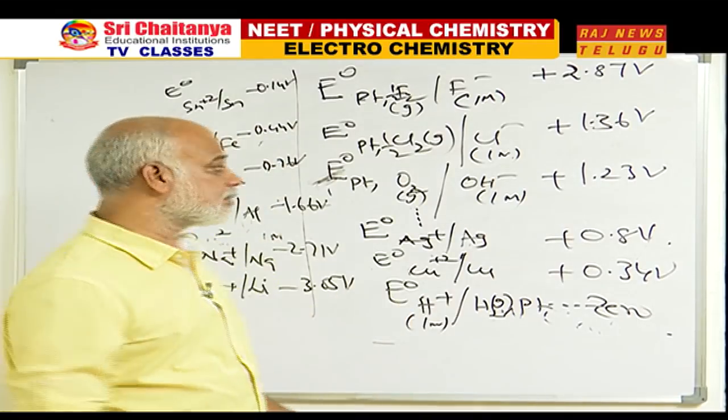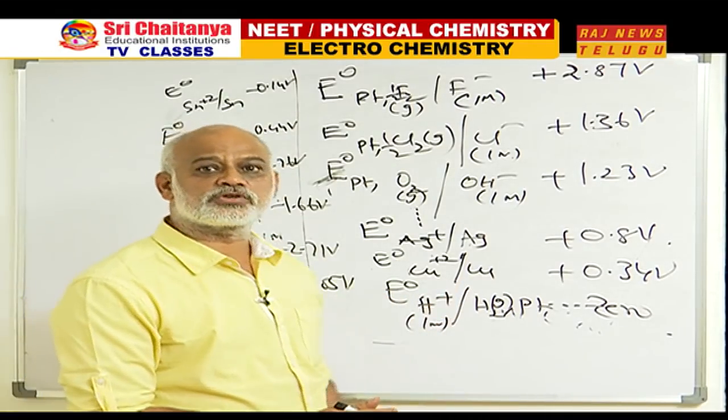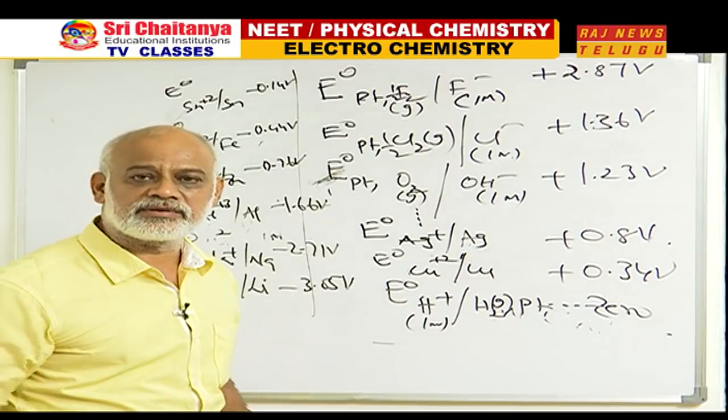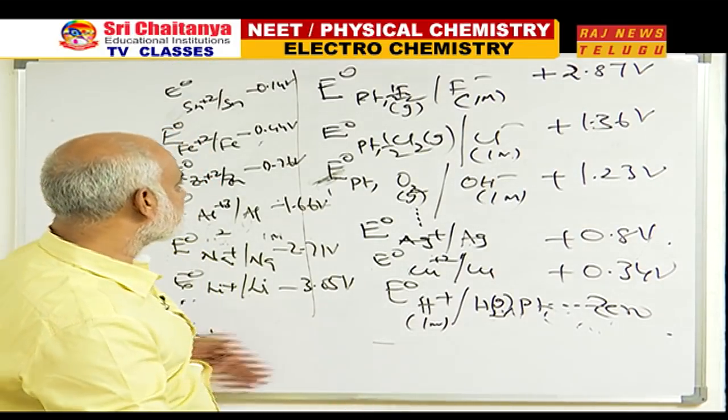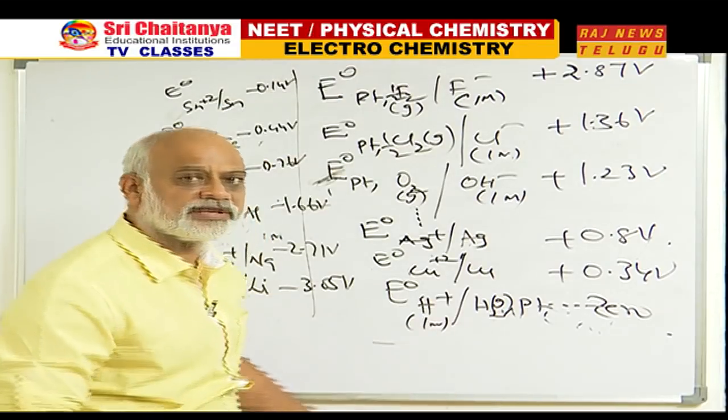No need for you to remember, because I have been teaching this for so many years. I would have remembered all these things, but no need to worry. Actually, it should go below, one below the other.